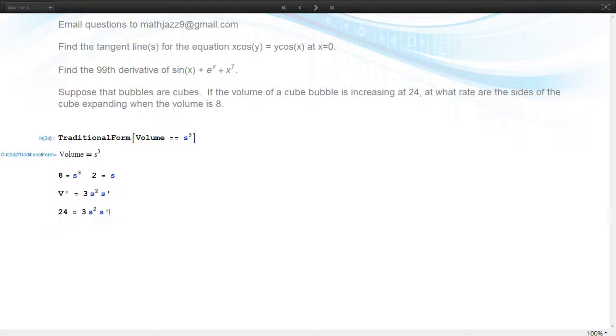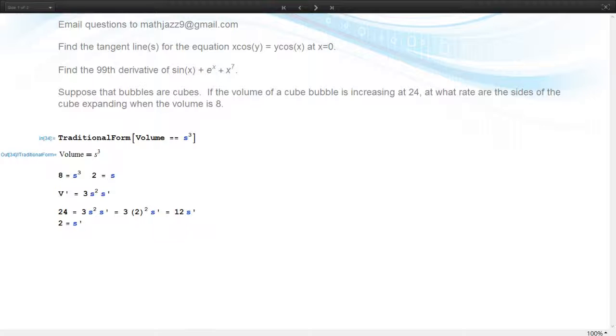So we can plug that in to this equation. We get 3 times 2 squared times s prime. Well, 2 squared is 4, times 3 is 12, s prime. But we divide both sides by 12, and we're going to get 2 equals s prime.